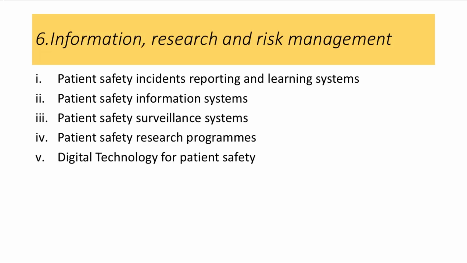Now, information and risk management: you shall have some system for patient safety incident reporting. This should be done at the government level. You shall have an incident reporting system.